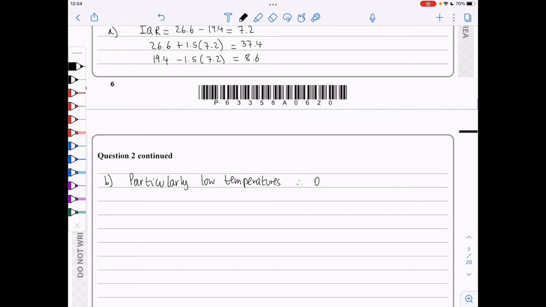Therefore, it must be October, as it is the month with the coldest temperatures between May and October.